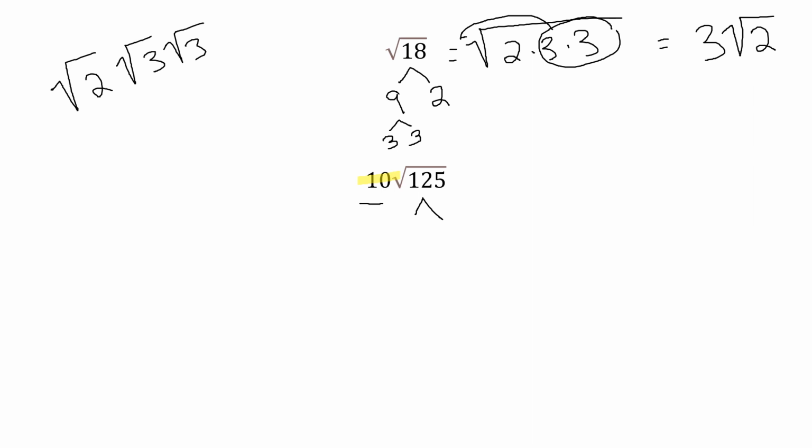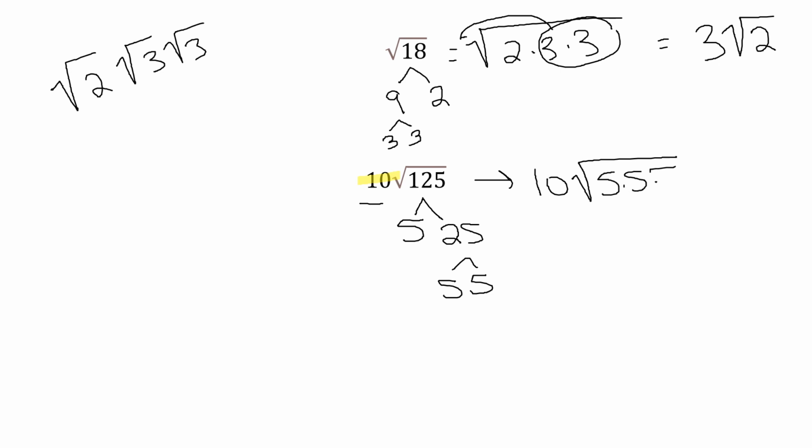All right, so 125 breaks up. It ends in a 5, so I know I can divide it by 5. And I have 5 times 25. 25 is 5 times 5. So what this becomes is 10, that whole number just stays put, square root of 5 times 5 times 5.